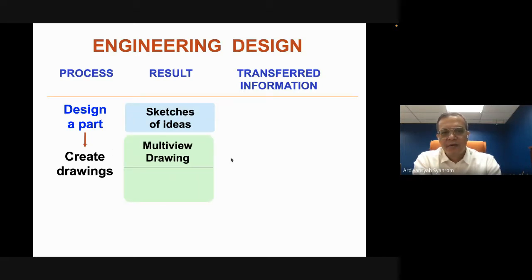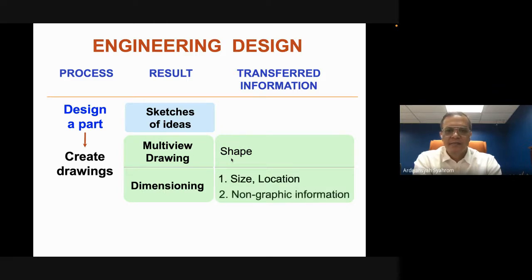You have a multi-view drawing that we call orthographic projection. Then you have the shape transformed, and you have dimensioning. You have the size and location and non-graphic information.